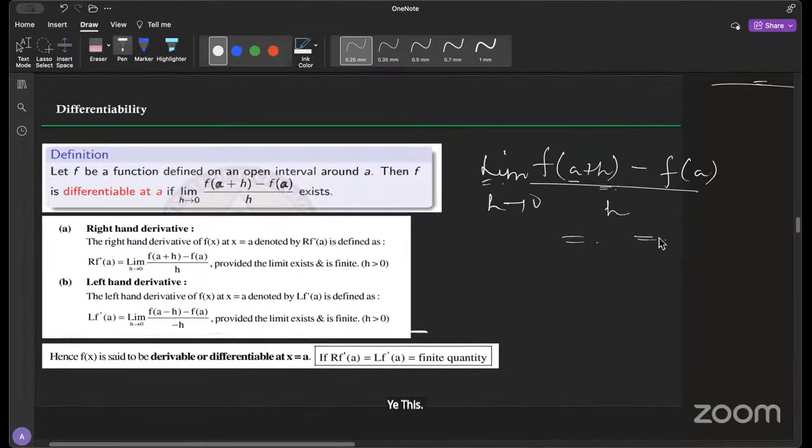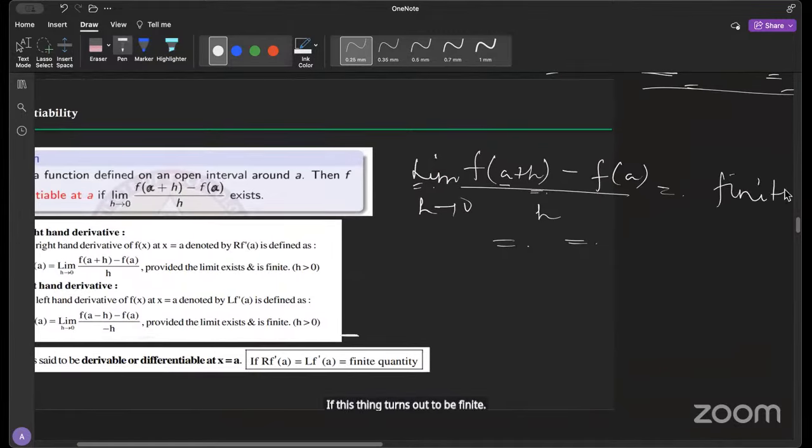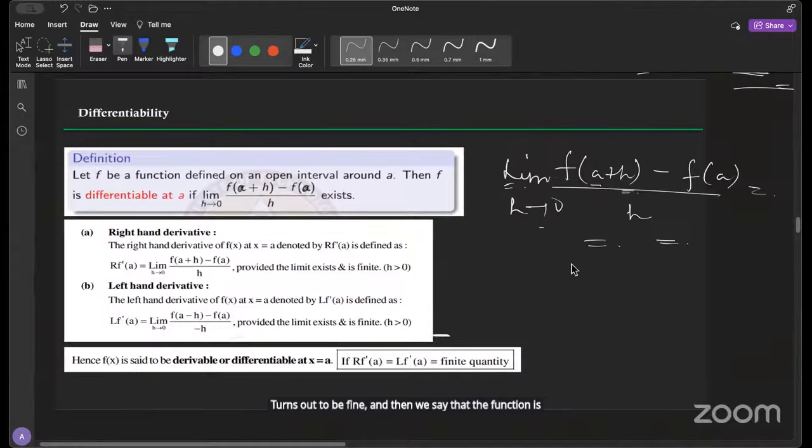If this limit turns out to be finite, then we say that the function is differentiable. Otherwise, we call it not differentiable. There has to be a finite quantity for the function to be differentiable at A.